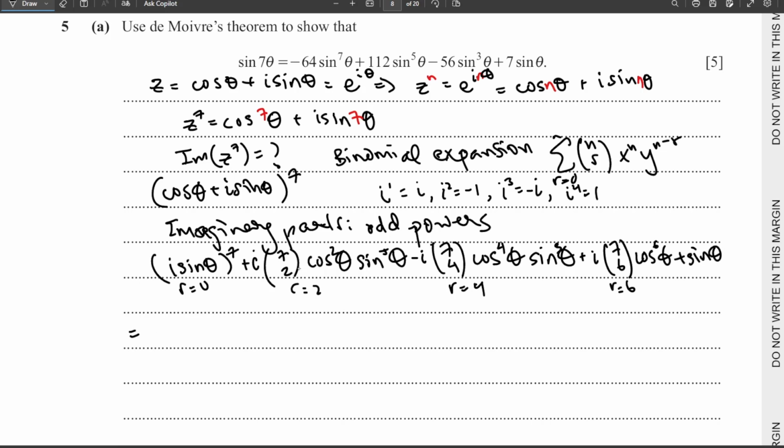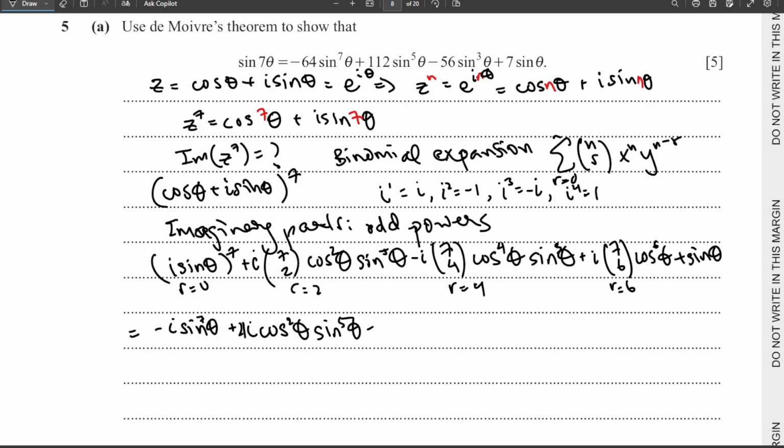Let's expand this a bit. i to the power 7 is equivalent to i to the power 3, so it's negative i sine to the power 7 theta. Then add i cosine squared theta sine to the power 5 theta, and don't forget the coefficient, 7 choose 2, which is 21.